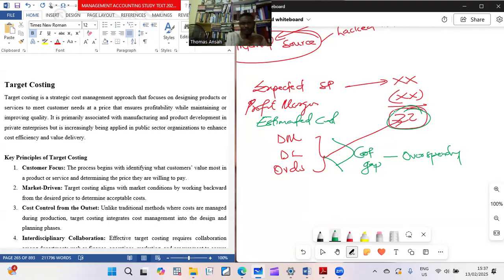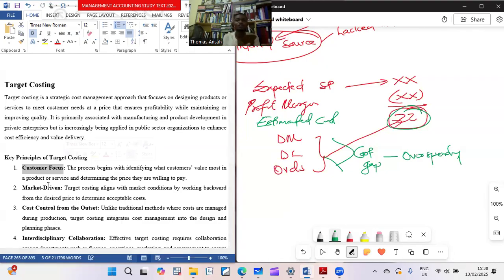That is the perspective that target costing is taking things from. So target costing looks at the customer in perspective. So it is customer focused. It begins from identifying the customer's value in the product or the service in determining the price. So we want to know how much the customer will pay. If we know how much the customer will pay, we get our profit out of it.